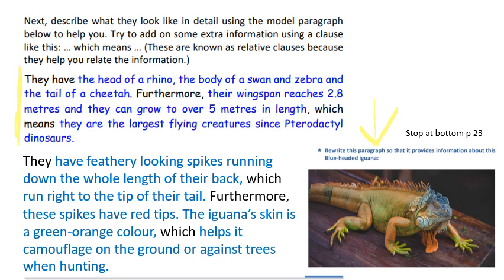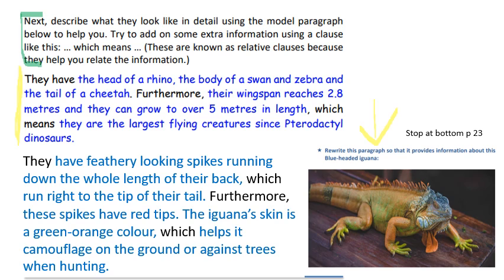Furthermore, these spikes have red tips. The iguana's skin is a greeny-orange colour, which helps it camouflage on the ground or against trees when hunting. Now, the reason why I have the furthermore and the which, the relative pronouns, is because that's what they asked me to do in the task. So make sure you're reading the little task, because sometimes they give you a little bit of an extra challenge.